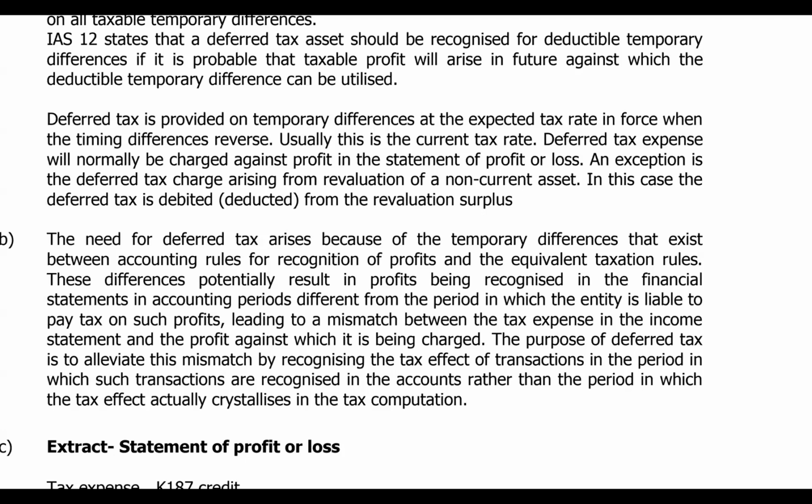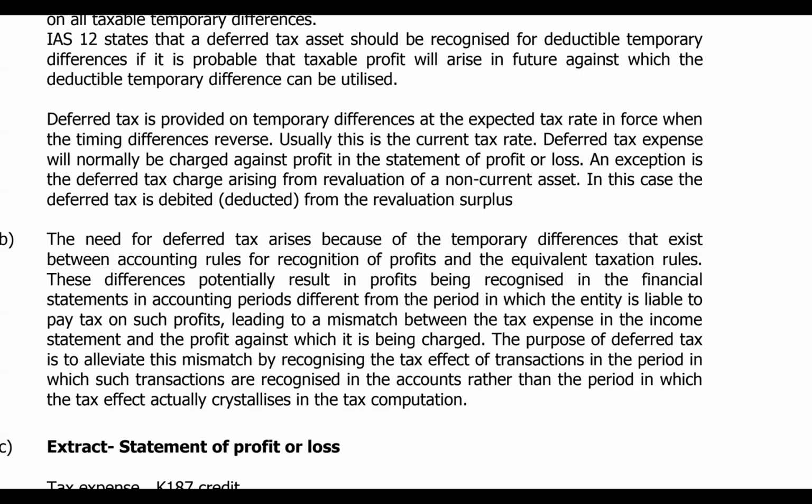That's what happens. The other question was asking us to explain why it is necessary to set up deferred taxes. Why do we need deferred taxes? Deferred taxes arise because of the temporary differences that exist between accounting rules for recognizing profits and the equivalent taxes.